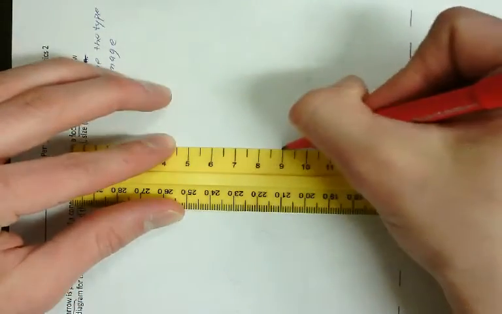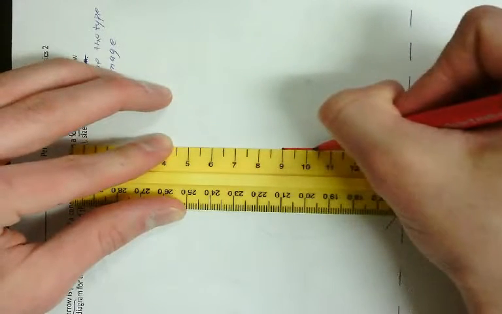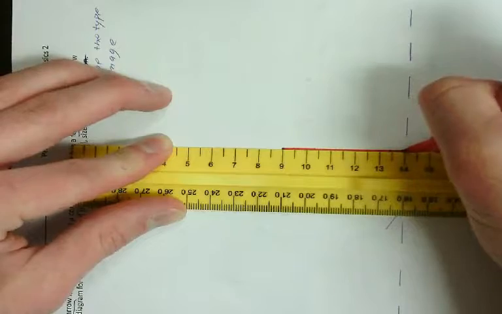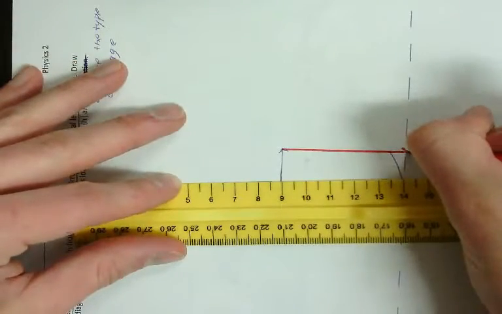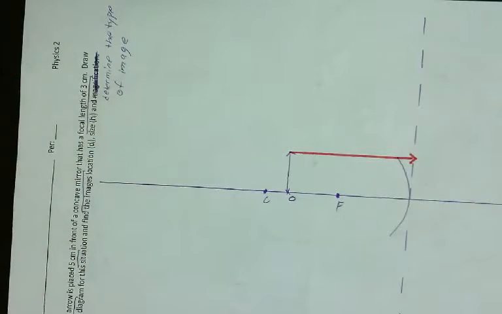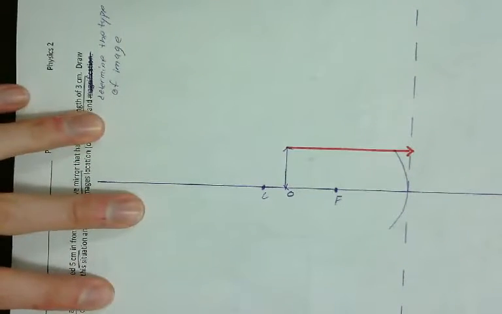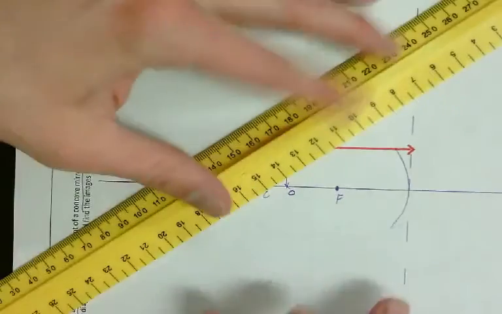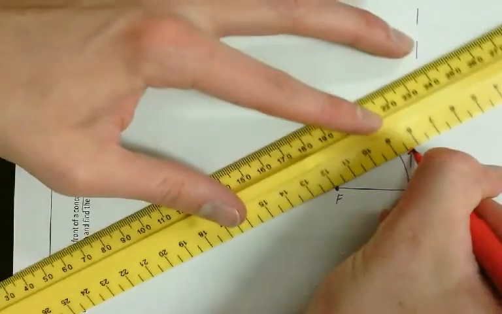I'm going to draw it. Now, I don't go to the mirror. I go to that vertical line. And that's because we don't know how curved the mirror is, so you don't want your curvedness to mess up your problem. So you go to that vertical line. So it's parallel to the principal axis, and then it goes through F.